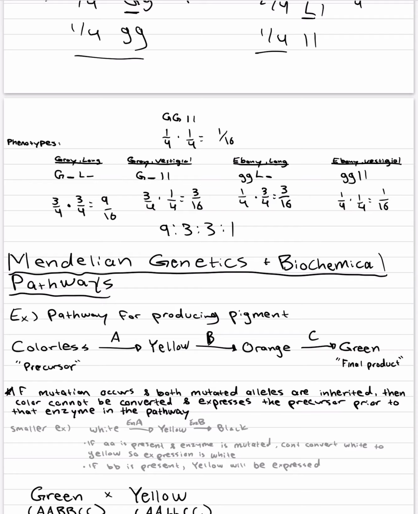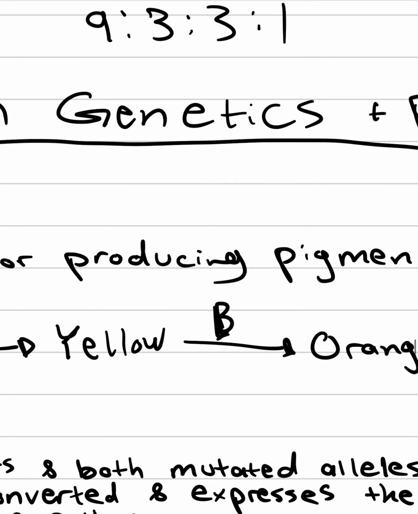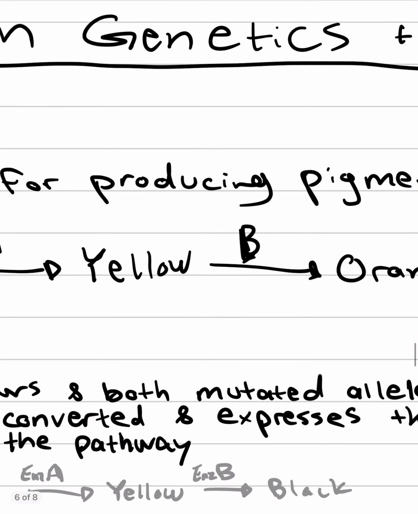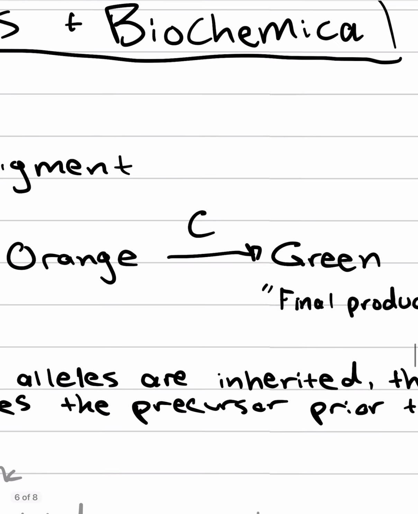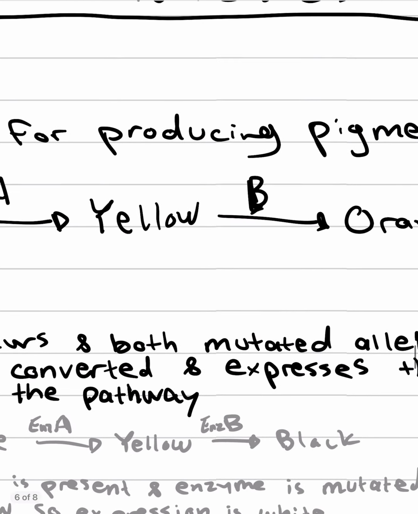Okay, so if we look at the pathway, we see that enzyme B is responsible for converting the yellow color into the orange color, which is then converted by enzyme C into the green color, or the final color.